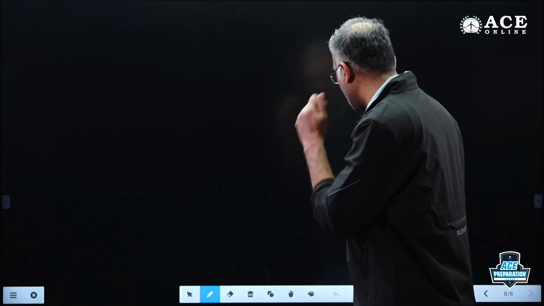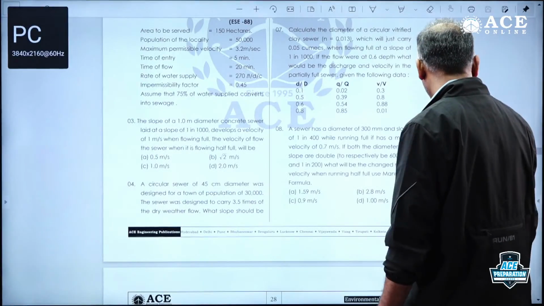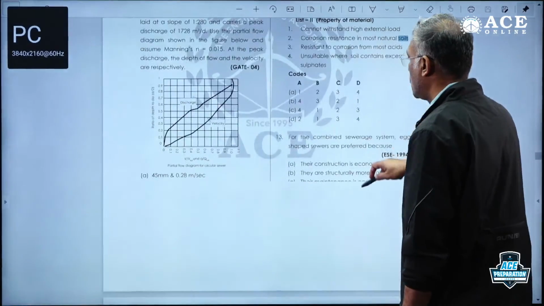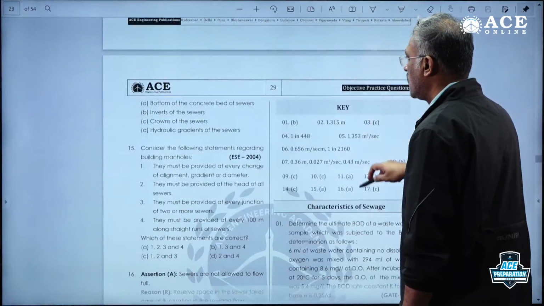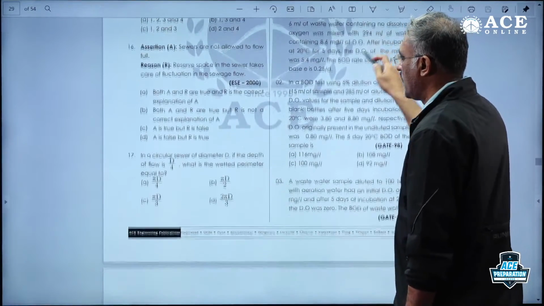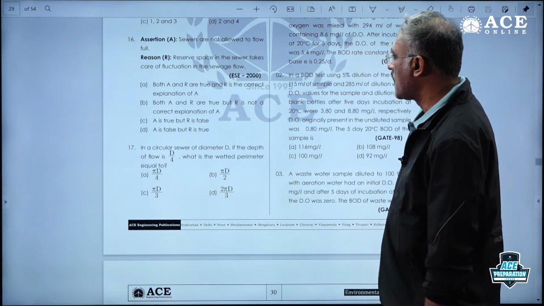In addition to that, sometimes a simple problem is asked and you are expected to work it out from here. Sometimes a question could be like this also: a circular sewer of diameter d, if the depth of flow is d by 4, what is the wetted perimeter equal to?